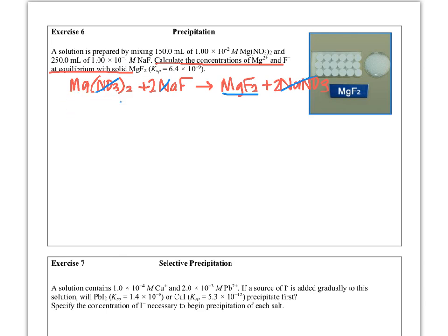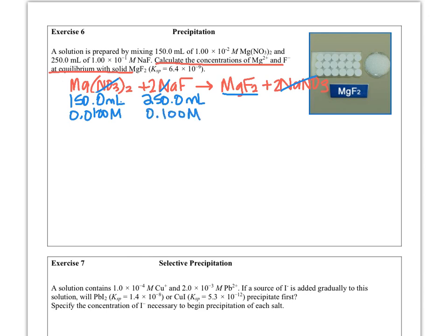All right, so I'm going to write the correct things. I have 150 milliliters of, and that's 1 times 10 to the negative 2, so that's really going to be 0.0100 molar. And I have 250 milliliters of sodium fluoride, and that's going to be the 0.1 that I was talking about.